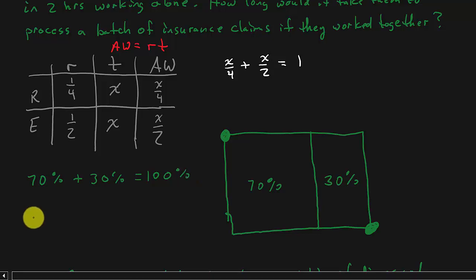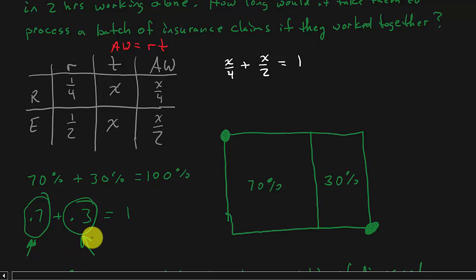But what if I put it in decimal? 0.7 plus 0.3 equals 1, right? This 0.7, or 70%, however you want to look at it, is the amount of work that I did.